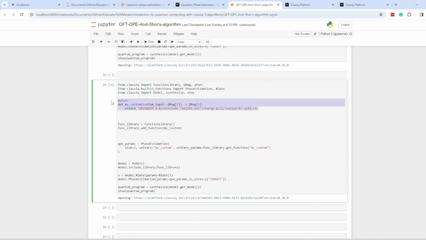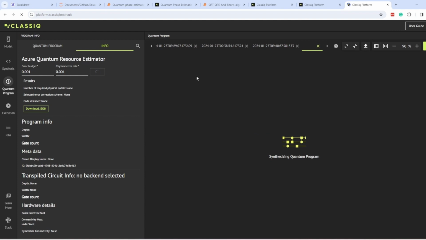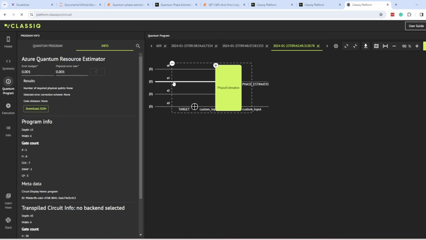Here we are defining the gate using Classiq, making the 0 state into the 1 state, and then doing quantum phase estimation. This time Q0, Q1 and Q2 are our evaluation register. Q3 is our input register, which is in the state of 1.